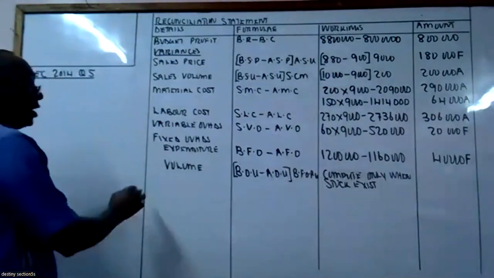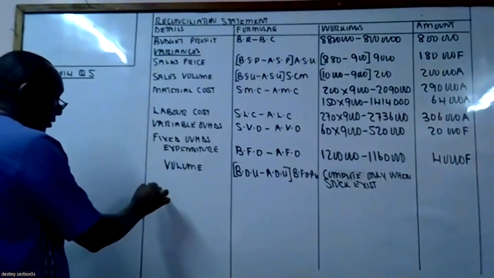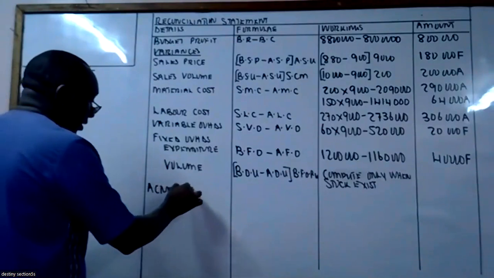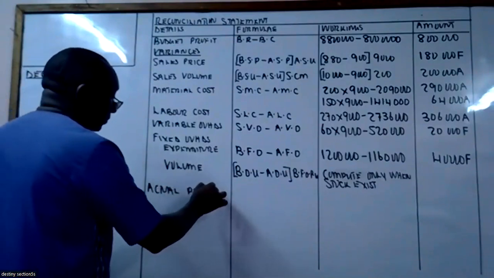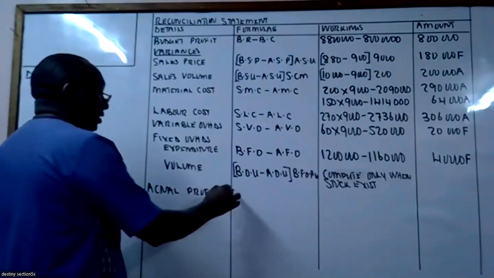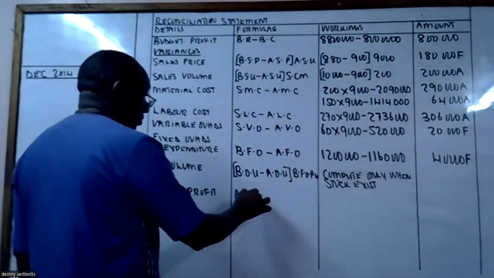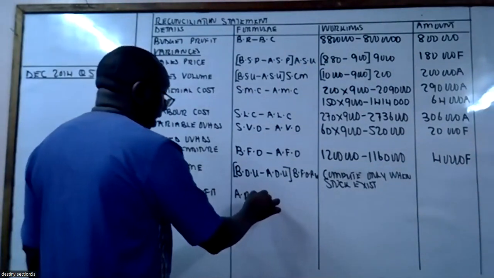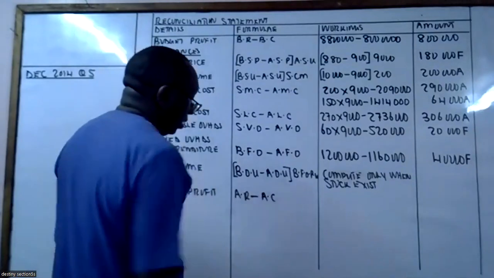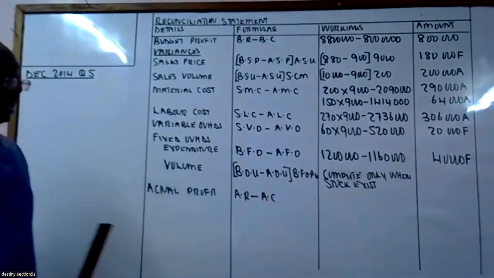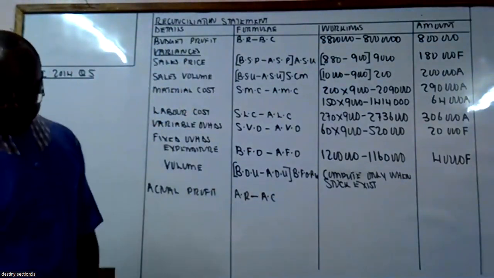So with that, now you get the actual profit. The actual profit is actual revenue minus actual costs.